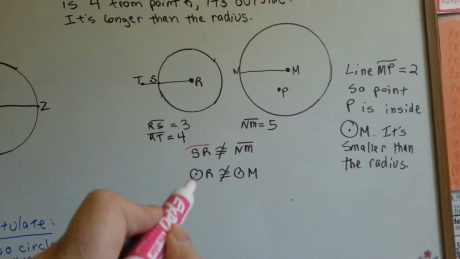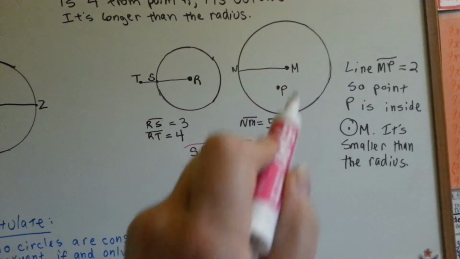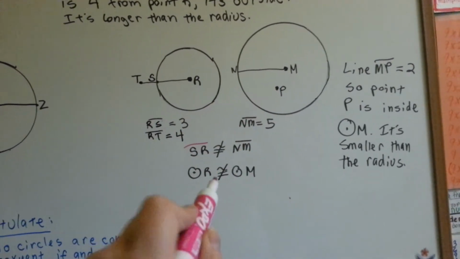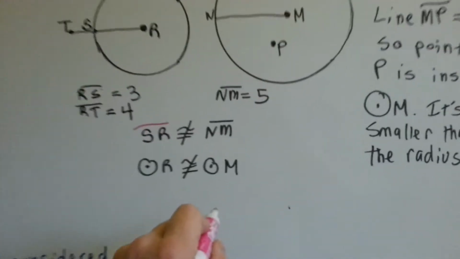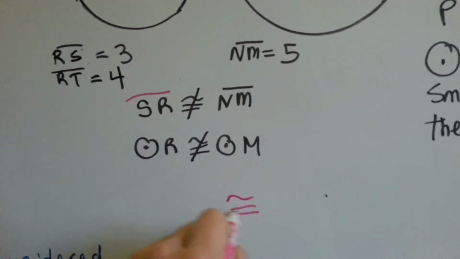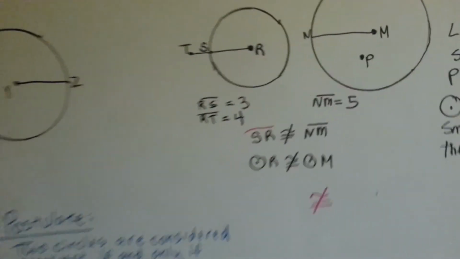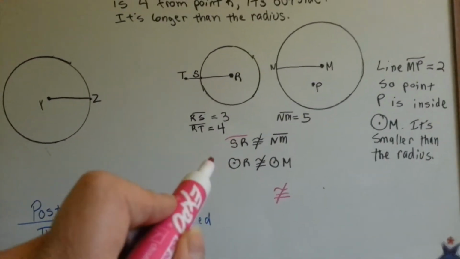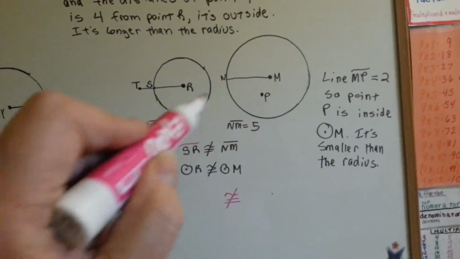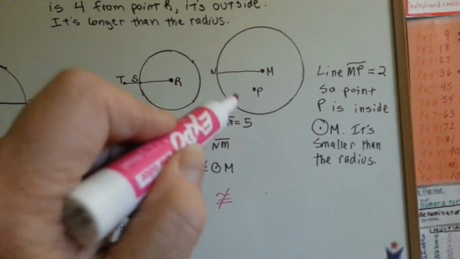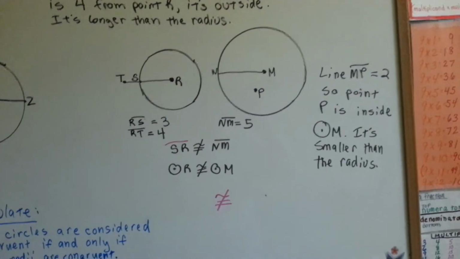Okay? Circle R is not congruent to M. So when you see this, remember that means not congruent. So line MP is 2, so the point is inside circle M. It's smaller than the radius.